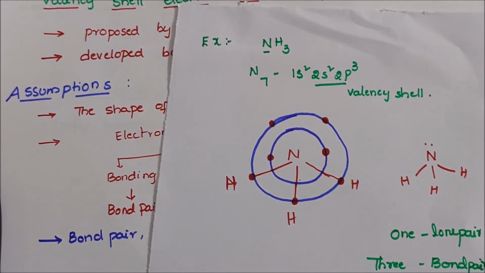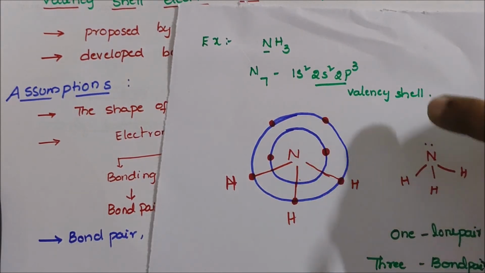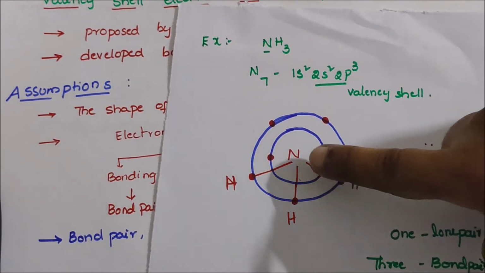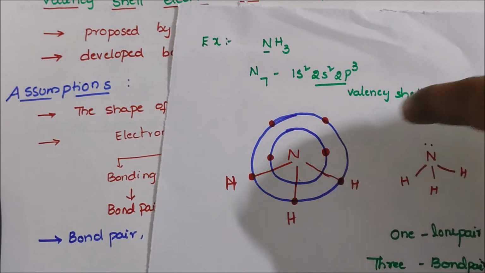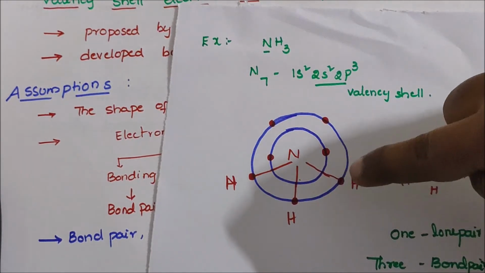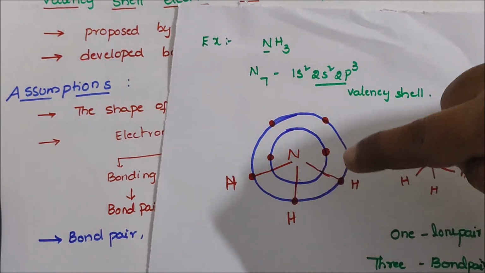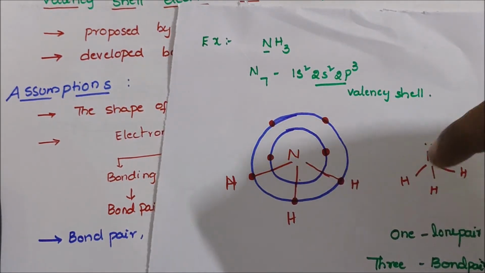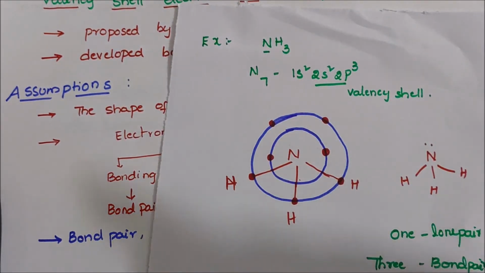The 1s2 has 2 electrons in the first orbit, and in the valence shell, the outermost shell, there are 5 electrons, which revolve around the central atom.